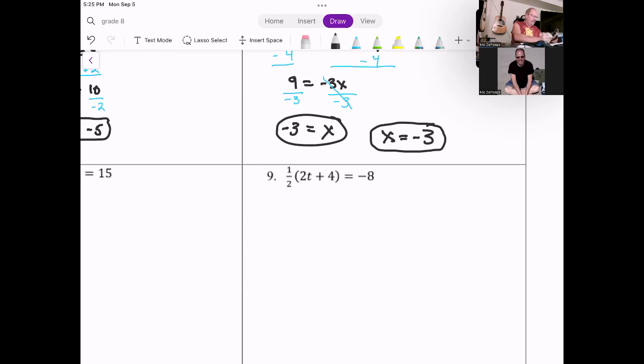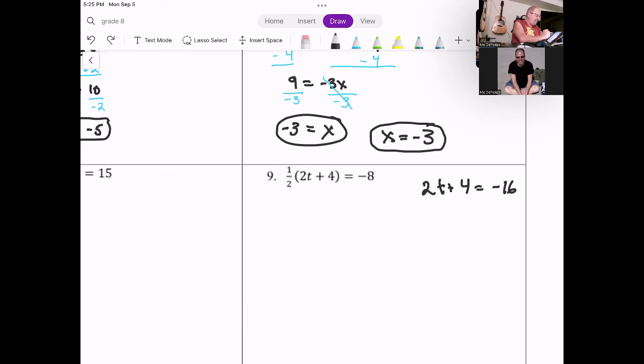If I did, I would multiply both sides by 2, and that would result in 2t plus 4 equals negative 16. See, multiplying by 2 to clear the 1/2. That cleared that. That's why this is left right here. And then 2 times the negative 8 is negative 16.